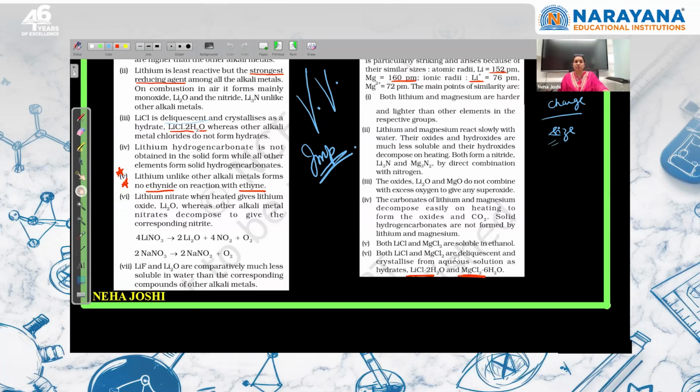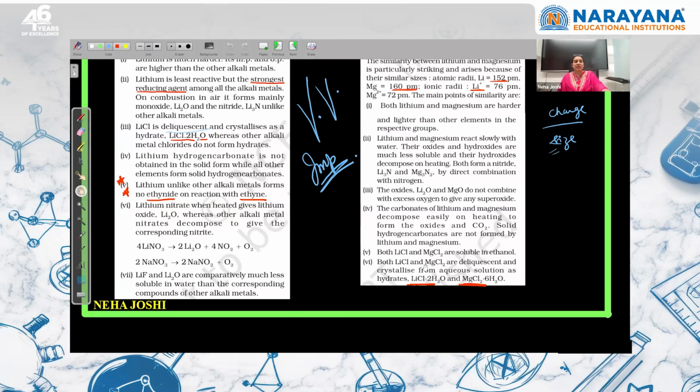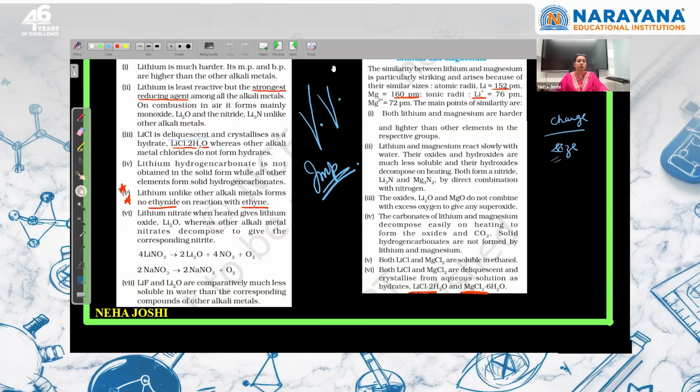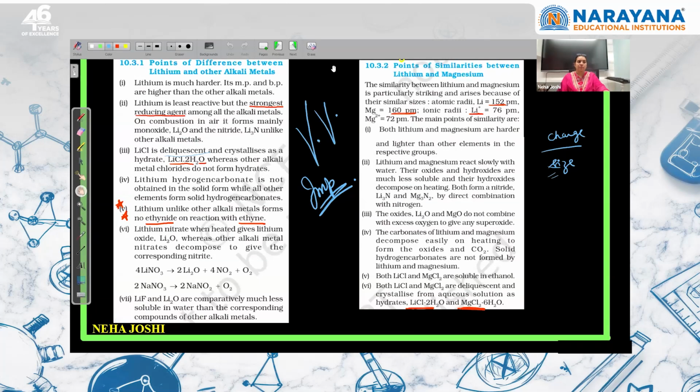Both LiCl and MgCl2 are deliquescent and crystallize from aqueous solution as hydrates. You cannot have anhydrous crystals when you want to crystallize it from its solution. If you want to crystallize it from aqueous solution, you cannot crystallize them as anhydrous crystals.